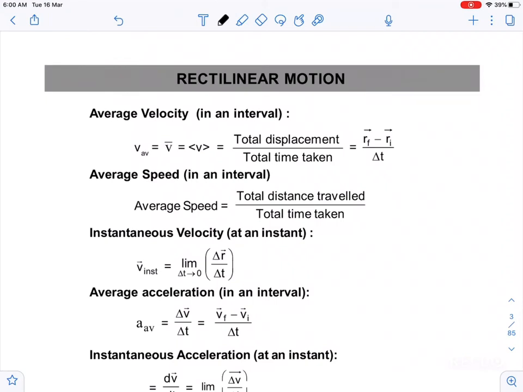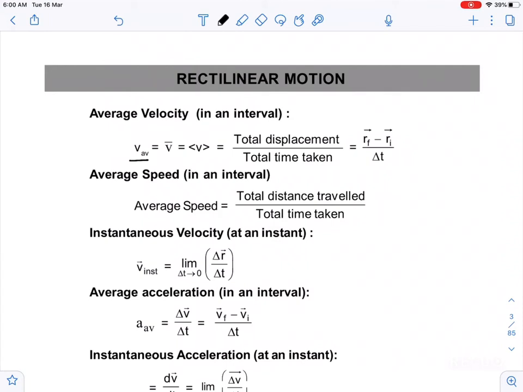Now guys, in rectilinear motion, since you guys are in JEE, they will not ask simple things. This is the average velocity formula: total displacement upon total time taken, and average speed is total distance upon total time taken.